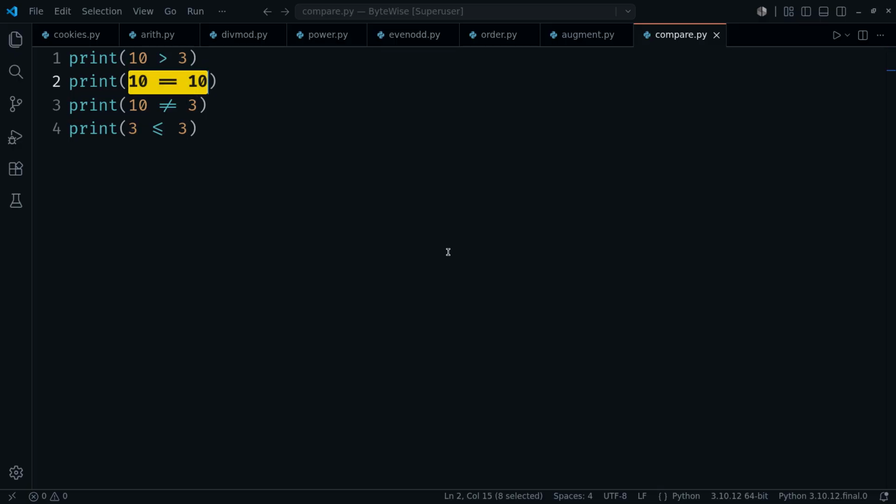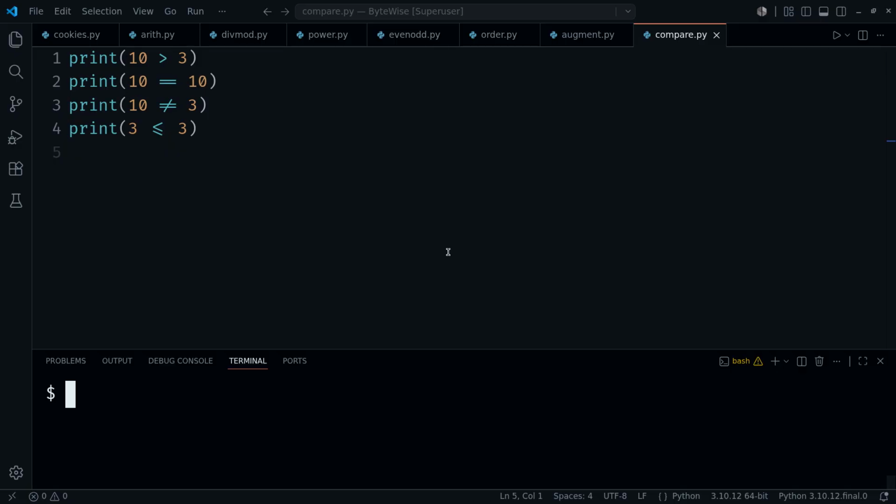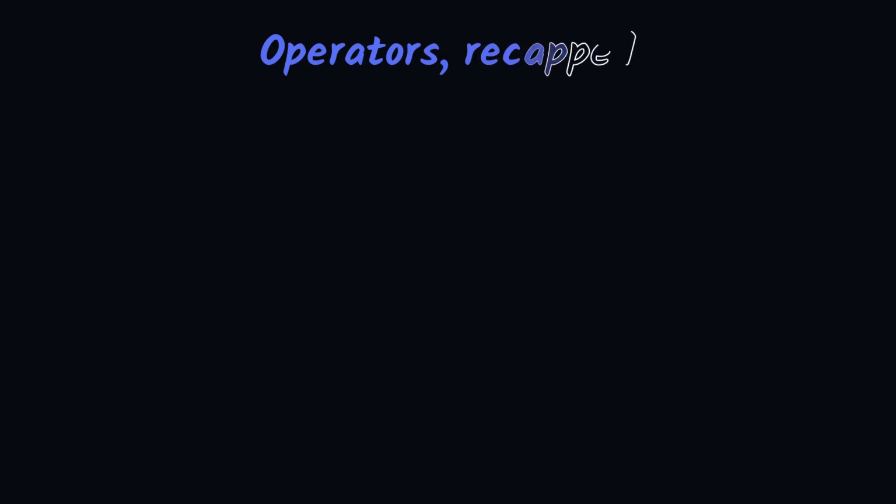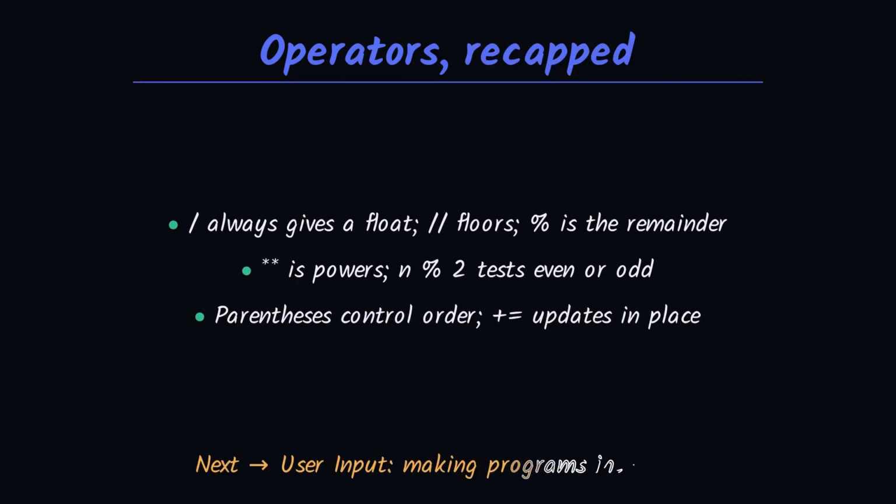Double equals asks, are these equal? 2 signs, because 1 would assign. Ten beats 3, true. 10 equals 10, true. 10 isn't 3, not equal is true. 3 equals 3, true.